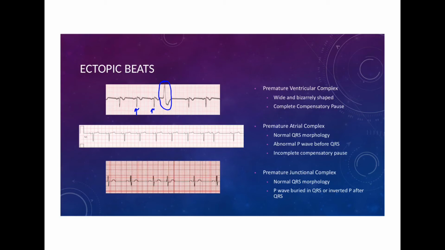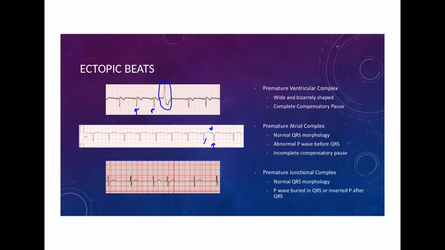Sometimes you see a beat that's coming unusually early, right here, but the QRS itself looks pretty similar to the other QRSs that are surrounding it. And you also see here there's a P wave right before the QRS, but it looks slightly different than the other P waves.